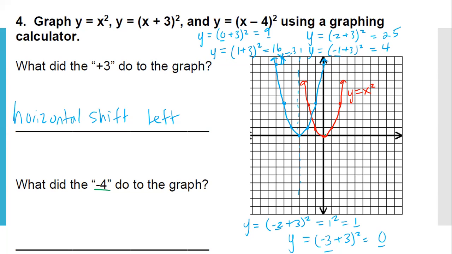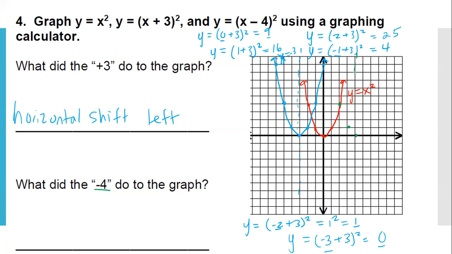I just have to take the values of the parent function and shift them all to the right. So I'm taking this point and going to the right 4: 1, 2, 3, 4. I'm taking this point and going to the right 4: 1, 2, 3, 4. I'm taking this point: 1, 2, 3, 4.